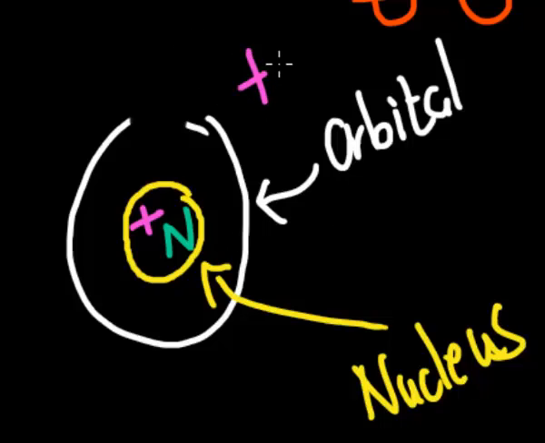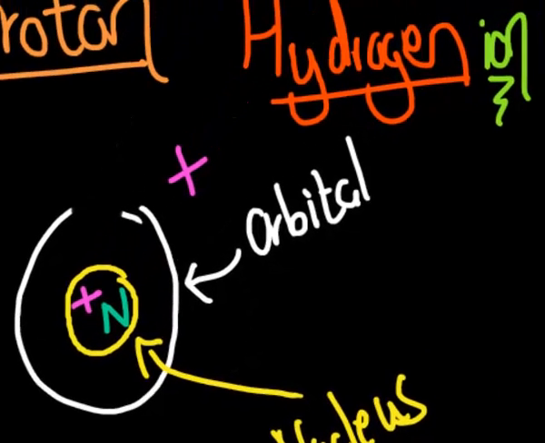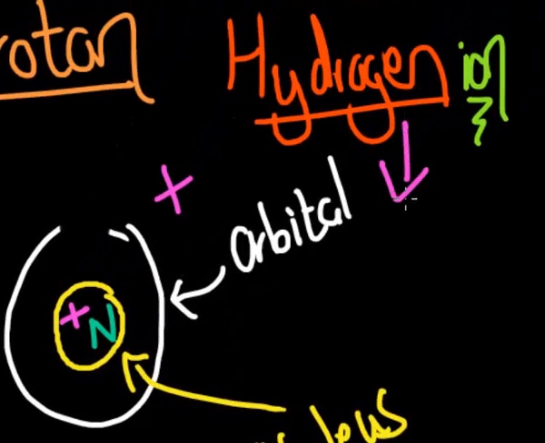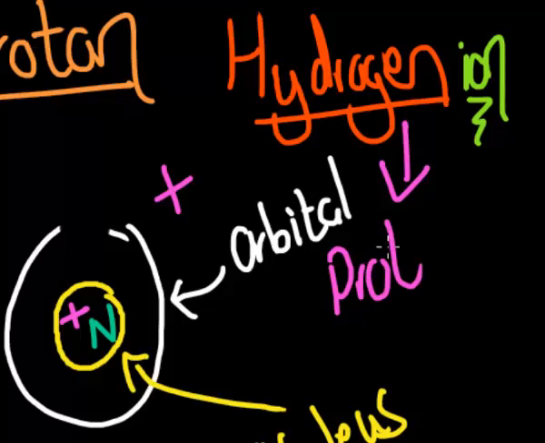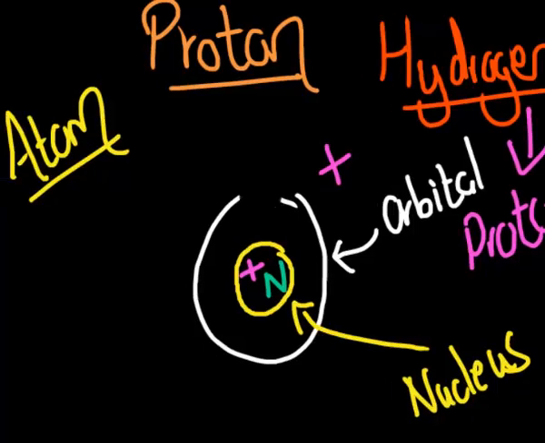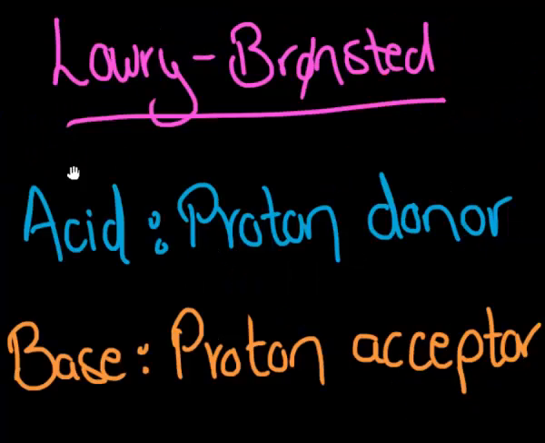So this hydrogen ion is thus positively charged, and because it contains only one proton, which causes this positive charge, we will refer to a hydrogen ion, according to Lowry-Bronsted, as a proton. So if we tell you, Lowry-Bronsted said an acid is a proton donor, we mean he said a hydrogen ion donor. And if he said that the base was a proton acceptor, it means a hydrogen ion acceptor.